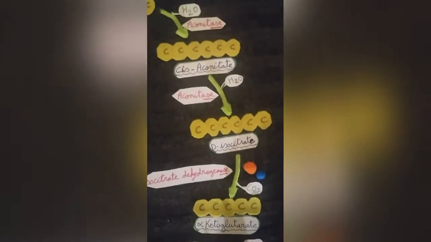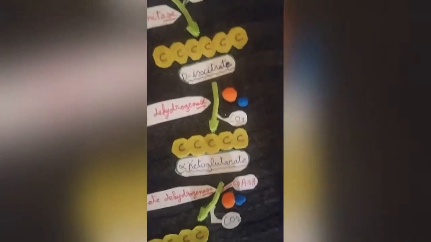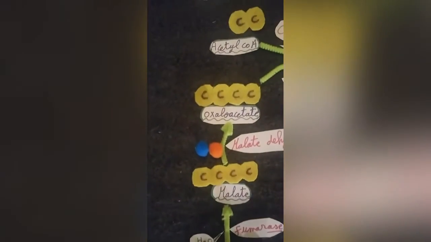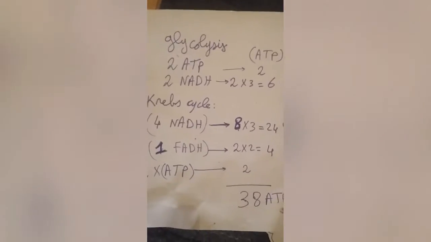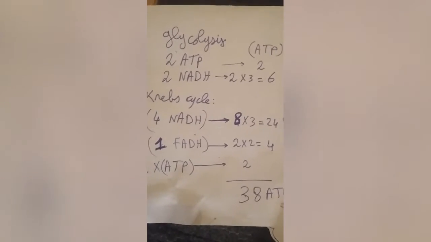Then we enter the citric acid cycle, or the Krebs cycle, where we produce another NADH, a third NADH, and here the ATP, and here the FADH2, and another NADH. Then we calculated the energy, as mentioned in this paper, to obtain at the end 38 ATPs. That happens through the electron transport chain. I will discuss it in this lesson.